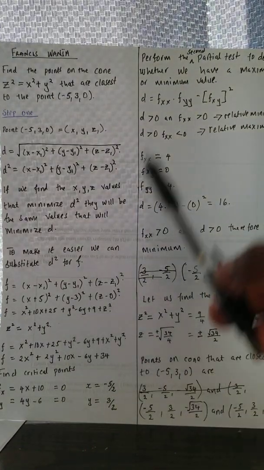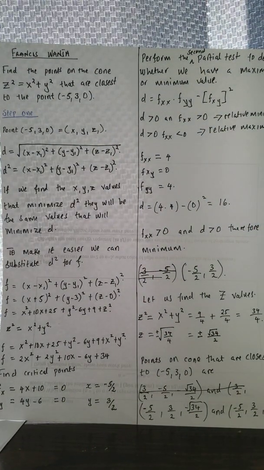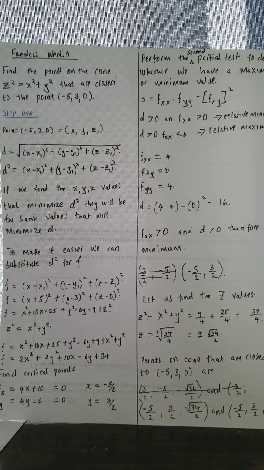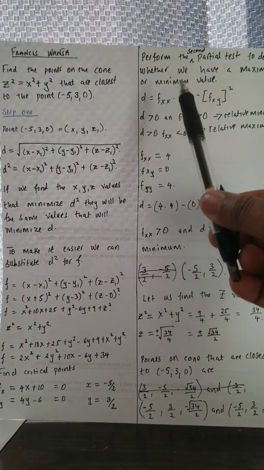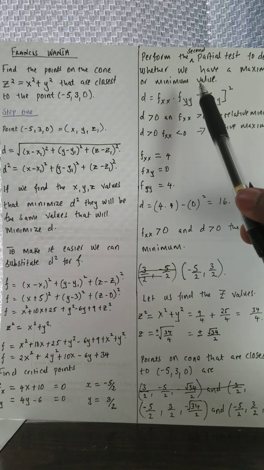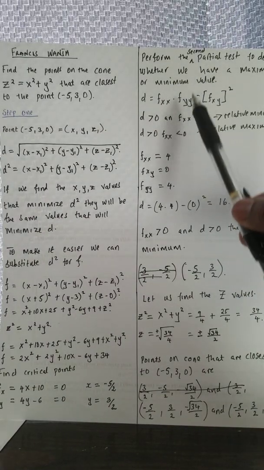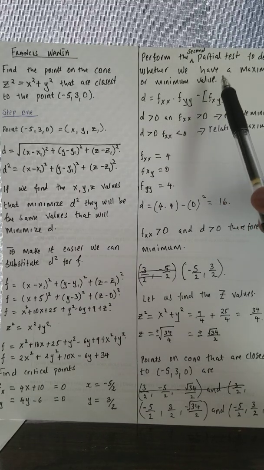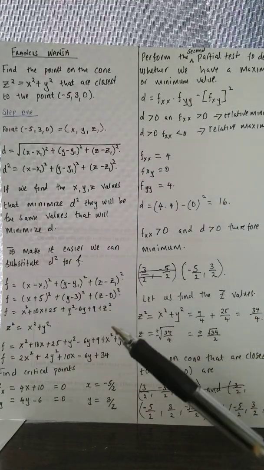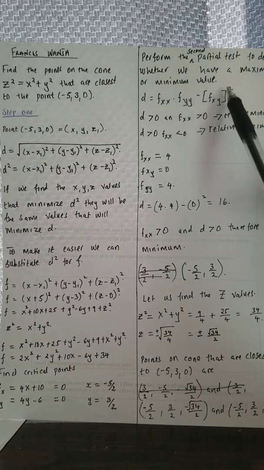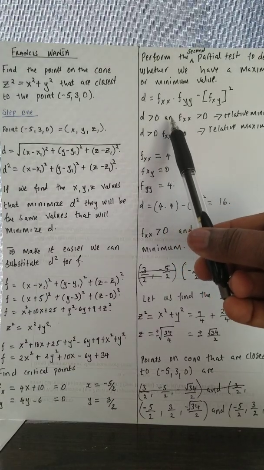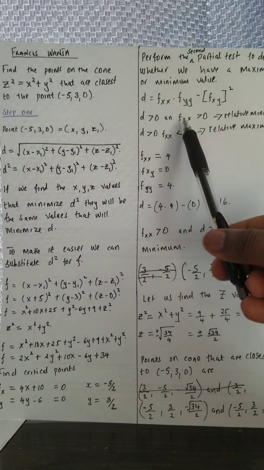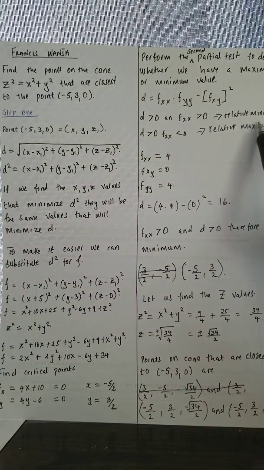The next step is to perform the second partial derivative test to determine whether we have a maximum or a minimum. We use this formula: D equals fxx multiplied by fyy minus fxy squared. If D is greater than 0 and fxx is greater than 0, we have a relative minimum.